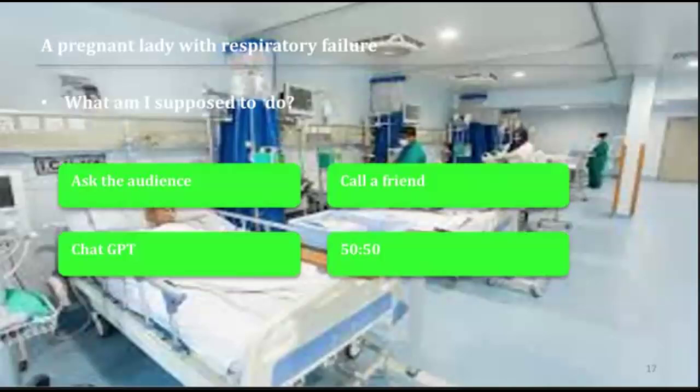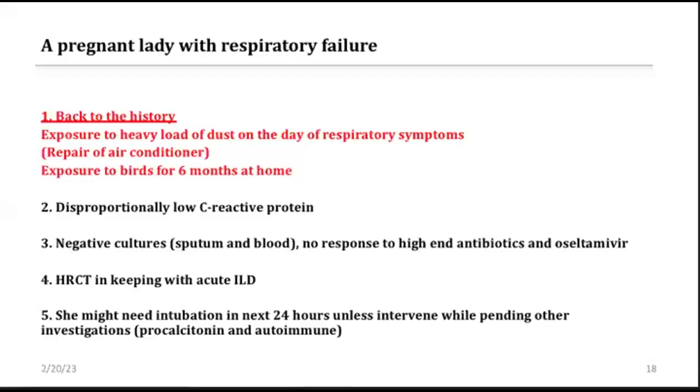I think so. We did the same thing. And I didn't tell you all one thing in this history. We picked it up actually on day one of the ICU admission. She had birds at home. There was an exposure to birds at home for the last 6 months until she developed these symptoms, so I was suspicious of hypersensitivity pneumonitis.